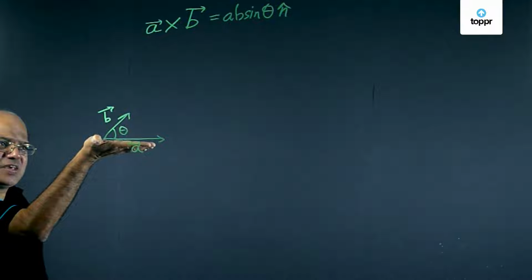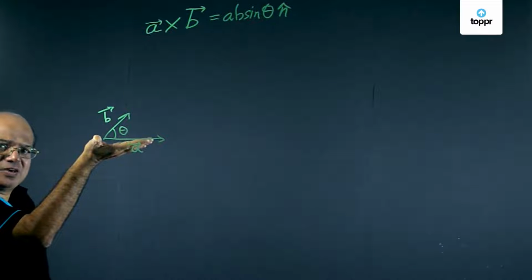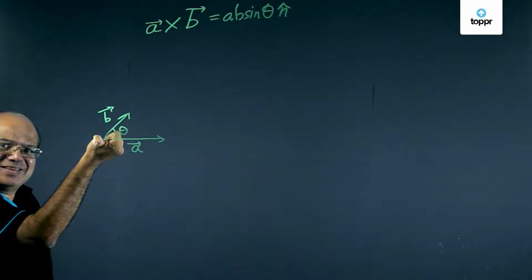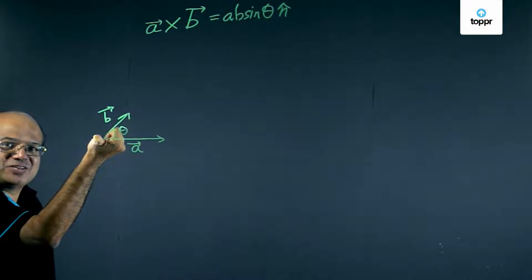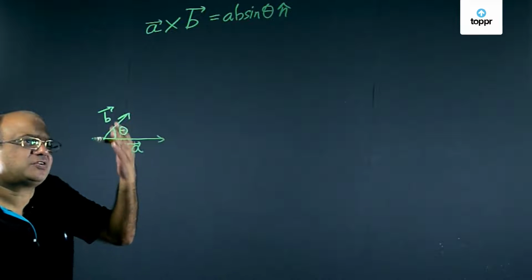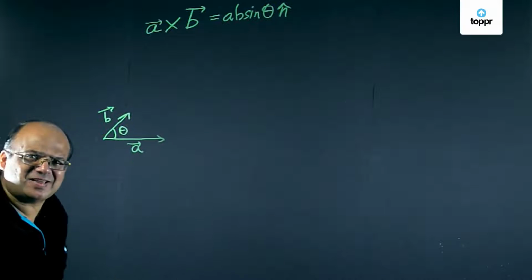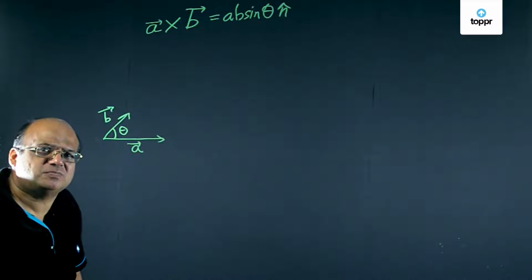If your fingers can move easily from A vector to B vector through the smaller angle, then the outstretched thumb will give the direction of cross product. So A vector cross B vector in this diagram is out of the board towards you.